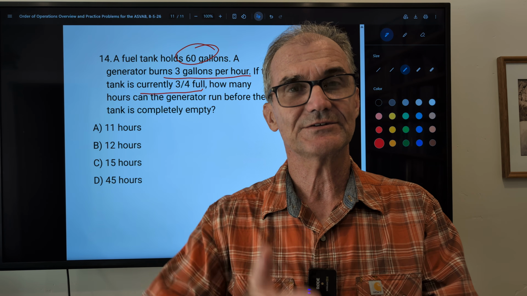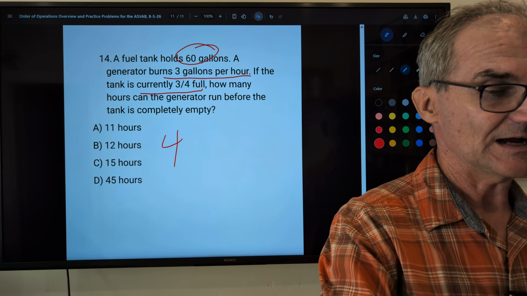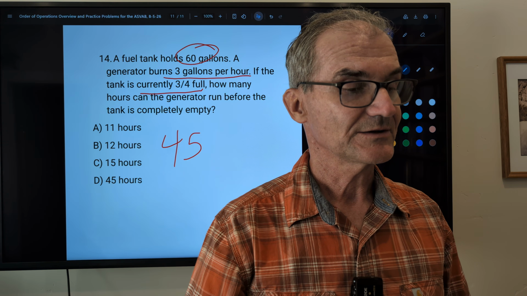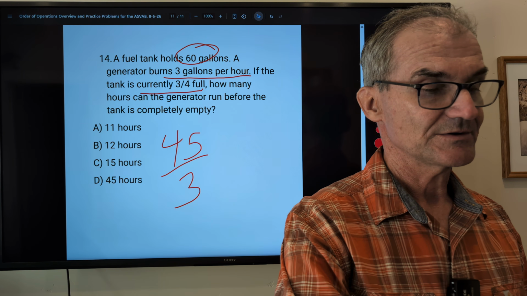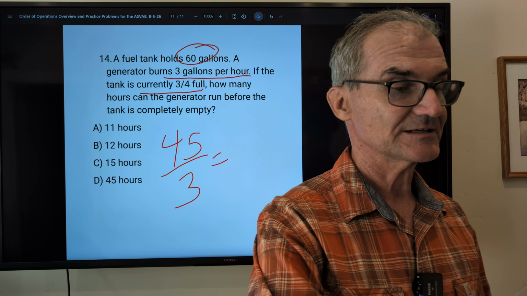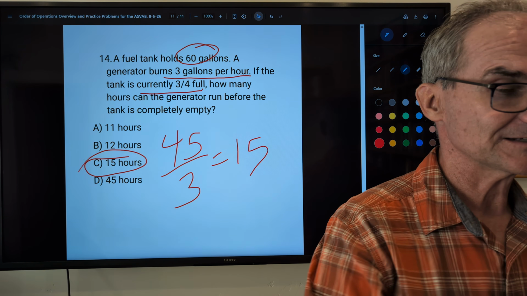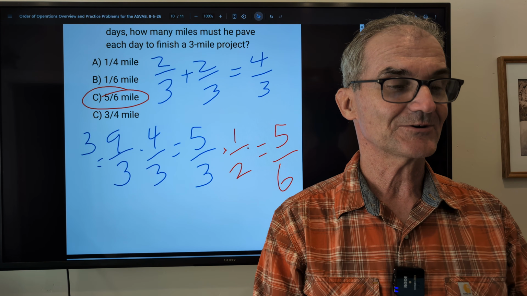So a half is 30, a quarter is 15. So 3/4 is 45. So I got 45 gallons to burn. It burns 3 gallons per hour. So how many hours will it last? 15 hours. 45 divided by 3 gives me the correct answer, C right there.